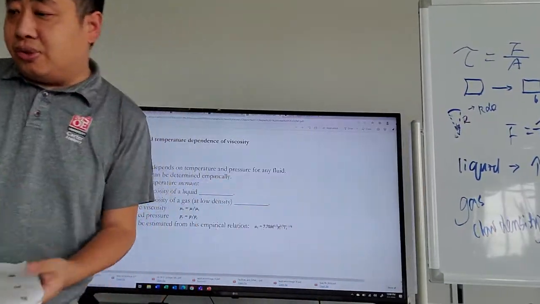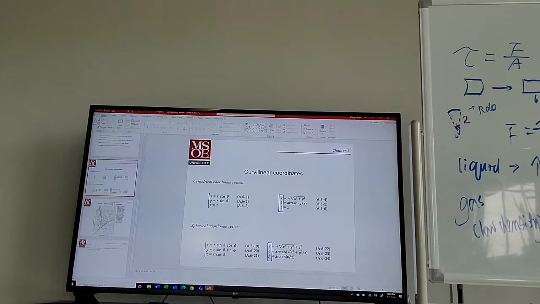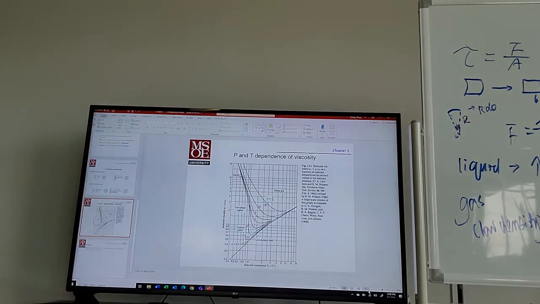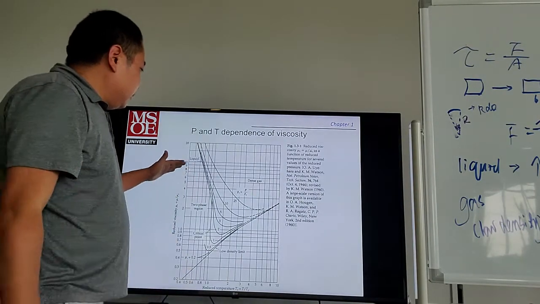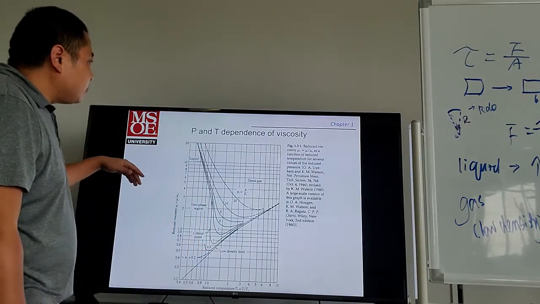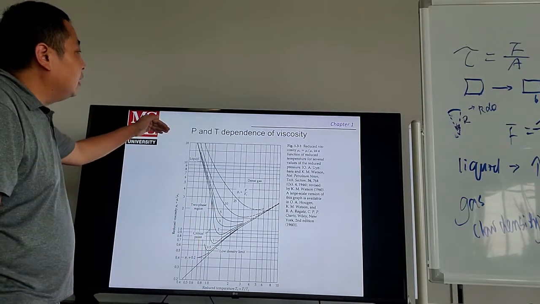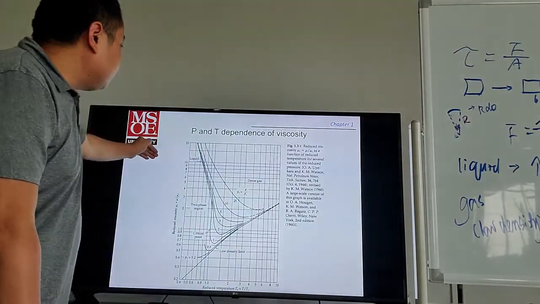So now let's go to our slides. Okay, so this is the figure I'm referring to. It summarizes the pressure and temperature dependence of viscosity.